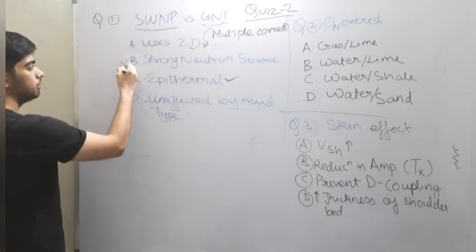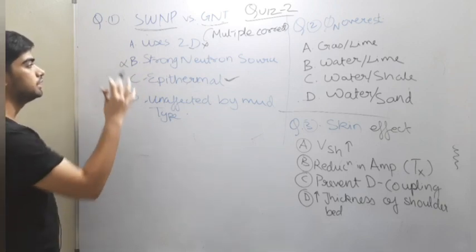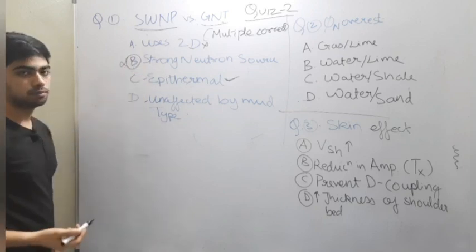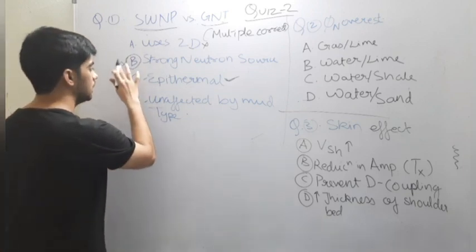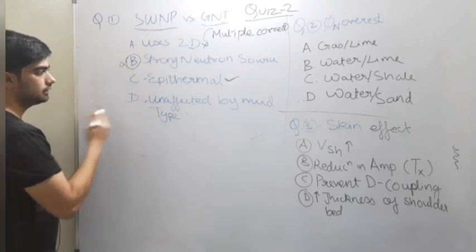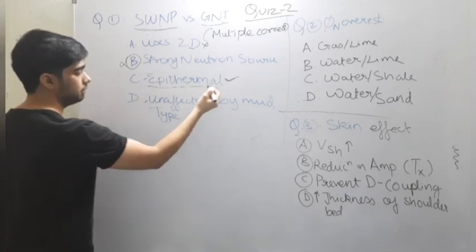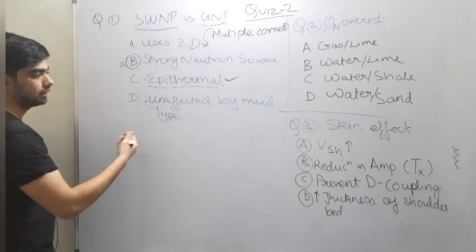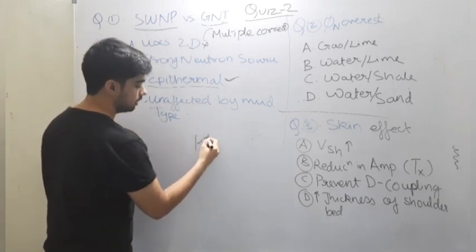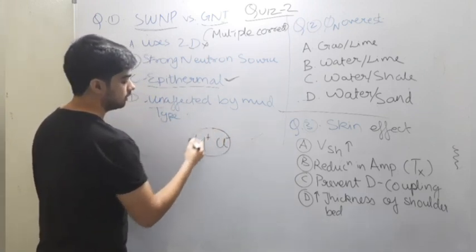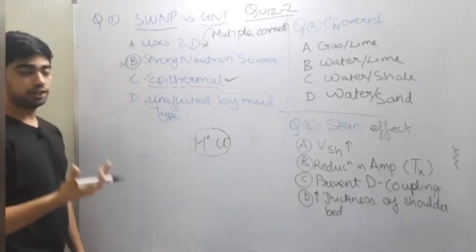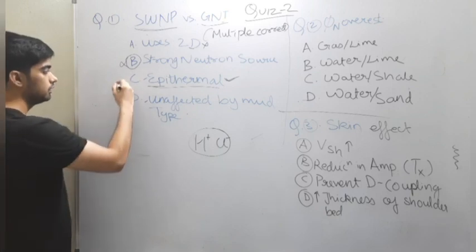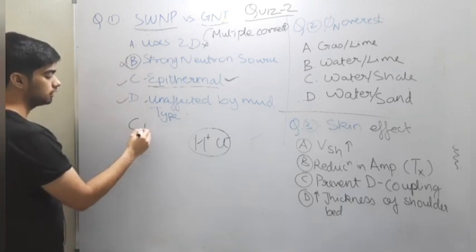We never talked about a strong neutron source in these tools, and maybe this can be a very doubtful option, so I do agree with that. And the second thing is that whenever your tool has an epithermal detector, it will be unaffected by the type of mud. So all these ions will have no effect, and the readings will be more accurate once you combine it with an epithermal neutron detector. So C and D are the correct answers.